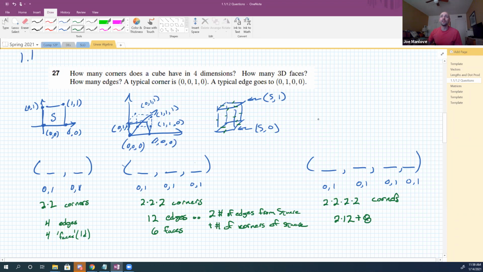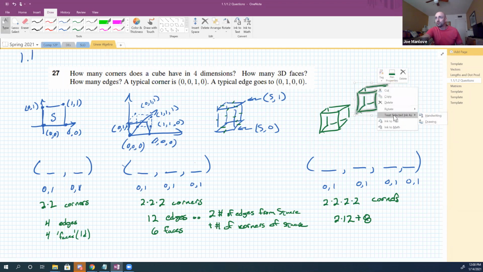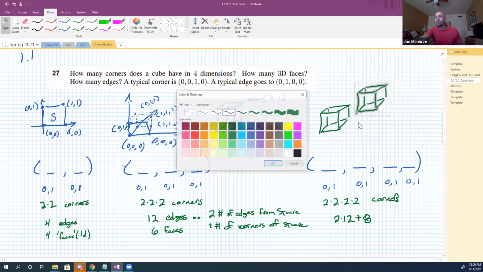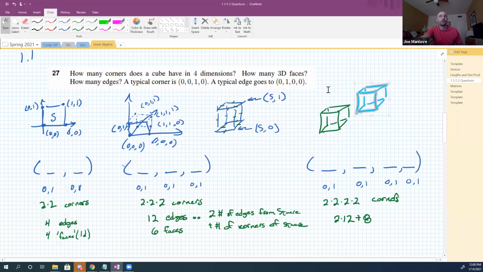And if you're really, really careful, you can actually find this out. So if you draw yourself a cube, and then very carefully select it, copy it, paste it, and turn your pen a different color.